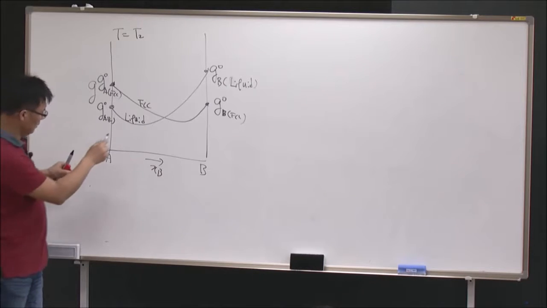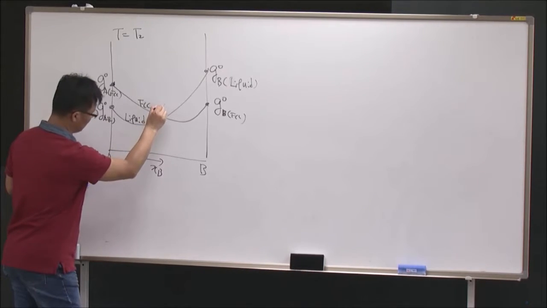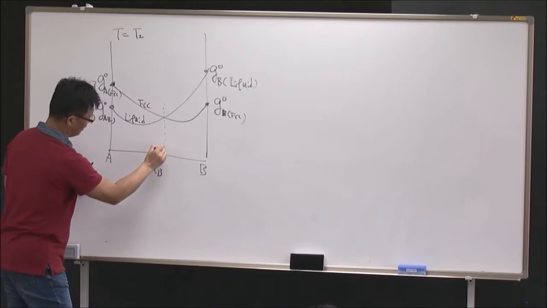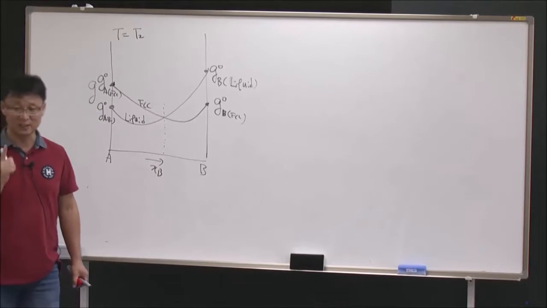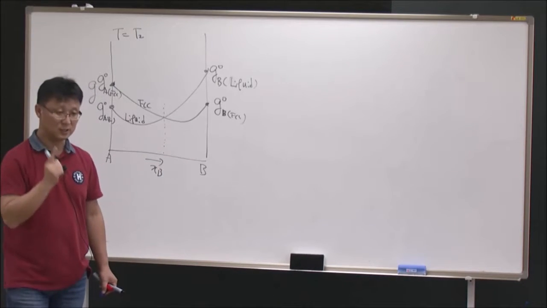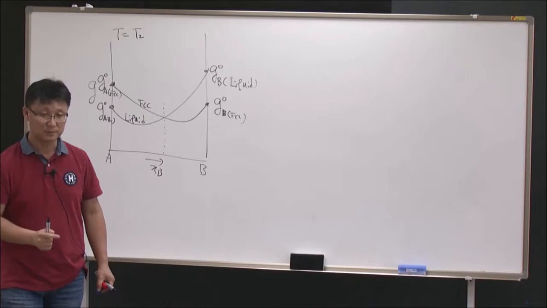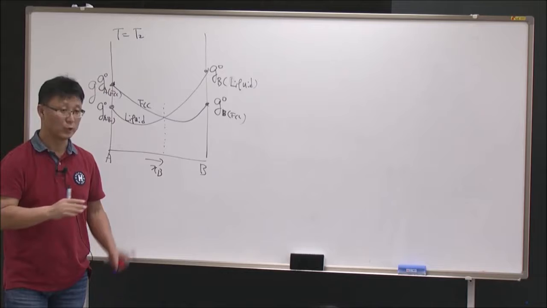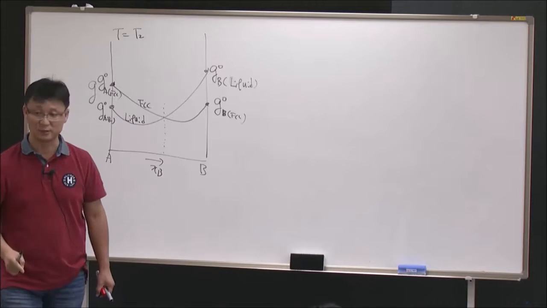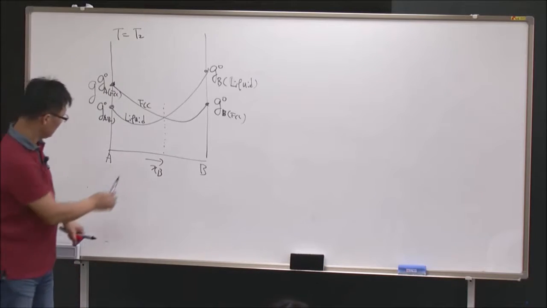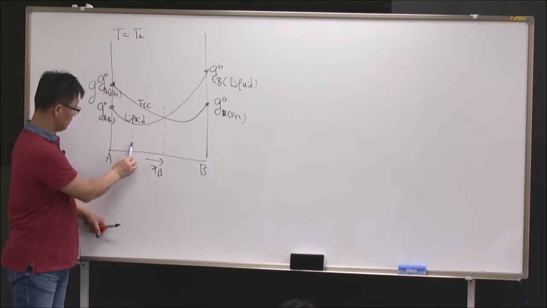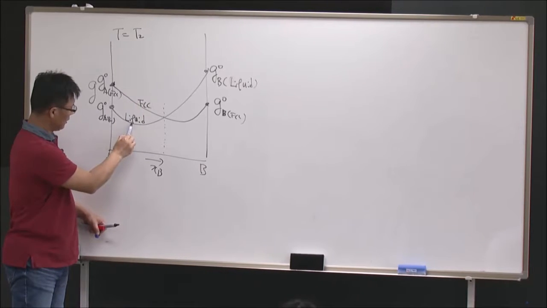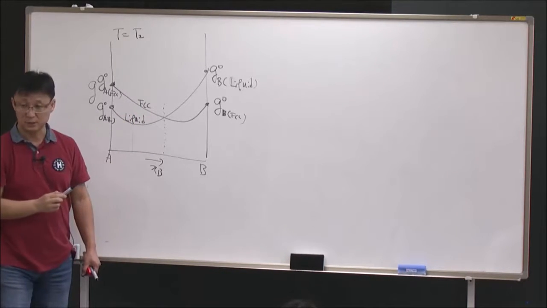week. If you assume that there is only a single phase existing in each composition range, okay, the most stable phase is only a single phase. You don't have two phases, only a single phase can exist. Then at this composition here, my liquid has lower Gibbs energy than my FCC.